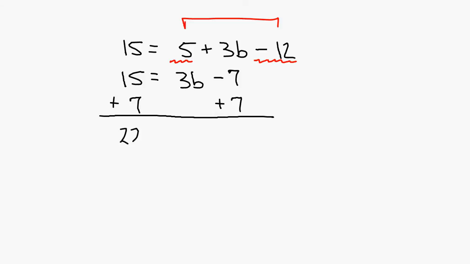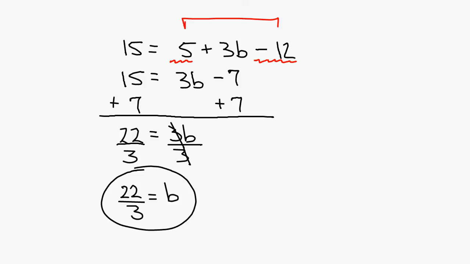So 22 would be equal to 3b. And you could divide both sides by 3. The 3's cancel on the right. If this 22 over 3 doesn't go evenly or doesn't simplify to a whole number, just leave it as 22 over 3. And you're finished.